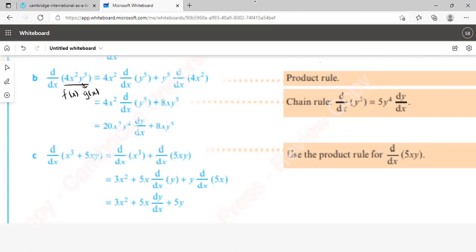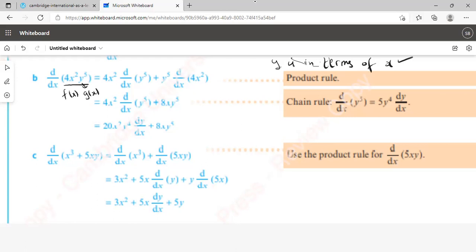But this y is in terms of x. Okay, this is given. This is an assumption. This is something that you should know. So whenever you have a mixed type of question and you have been asked to differentiate it, make sure that you know this y is in terms of x.